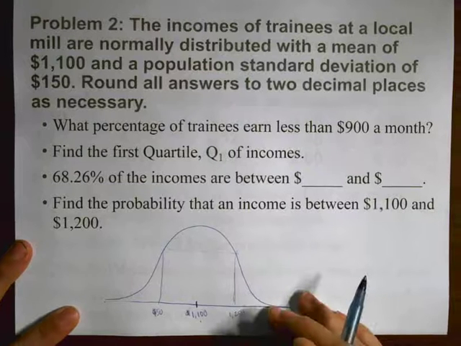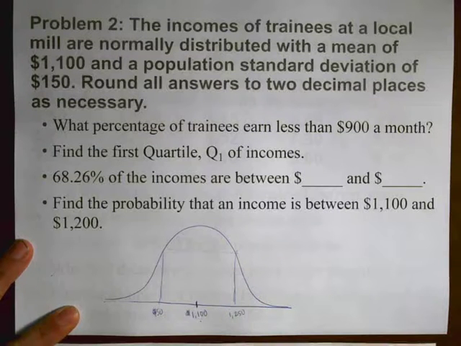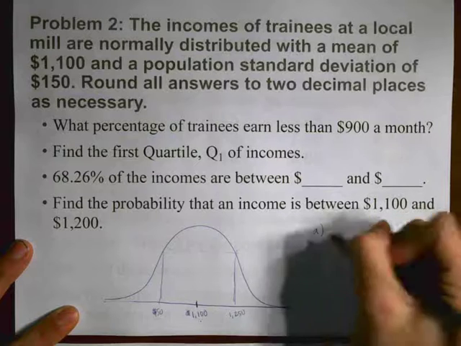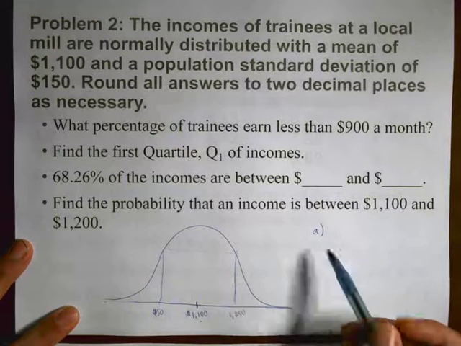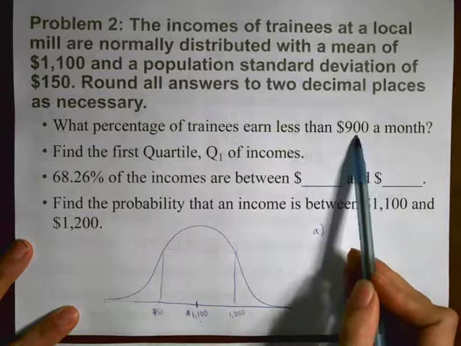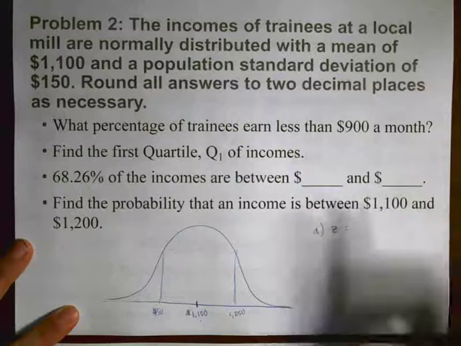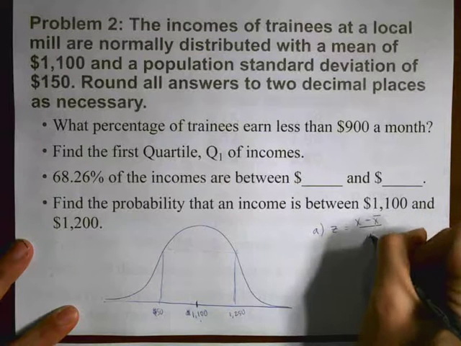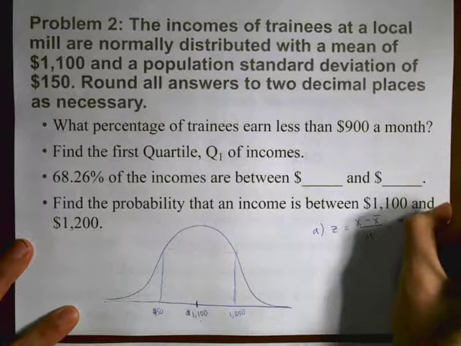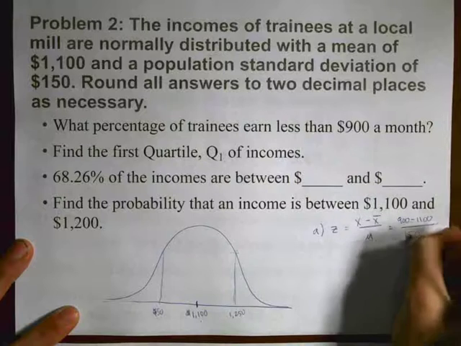In class, we found the percentage of trainees that earn less than $900 a month. In order to find that, we need to find the z-score of $900. Using the formula for z, x minus the mean divided by the standard deviation, that's 900 minus 1,100 divided by 150.